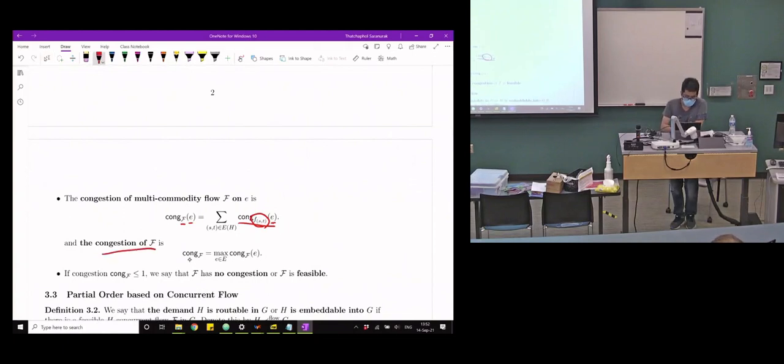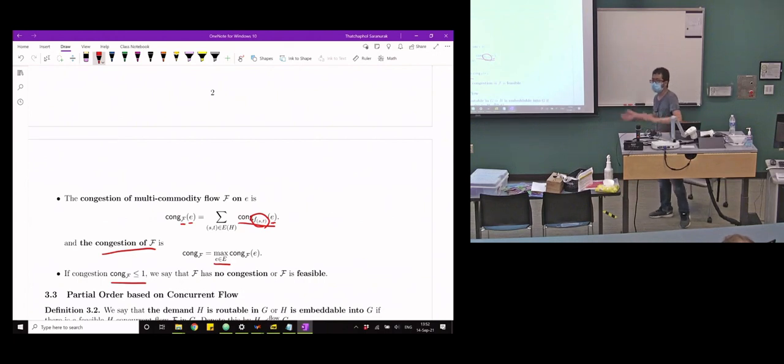And the congestion of the whole flow is again, you look at the worst edge, the edge with the worst congestion. If the congestion is at most 1, we say that there is no congestion, or it's feasible. If the congestion is 10, and you decrease it by a factor of 10, it becomes feasible. That is just multi-commodity flow.